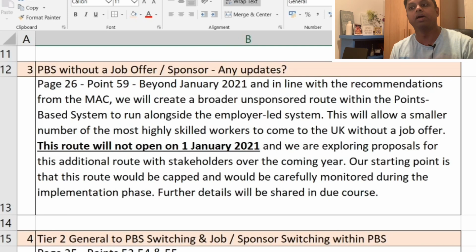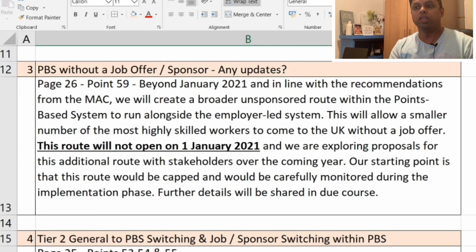when we speculated earlier, in the initial days when the visa was being laid out, there was a possibility that you could come to the UK without a job offer, without a sponsor. I came to the UK, for example, 13 years back through the HSMP program, where there was no sponsor, no job offer. I was able to get my own visa, come to the UK and then search for a job, and I could work for anybody.